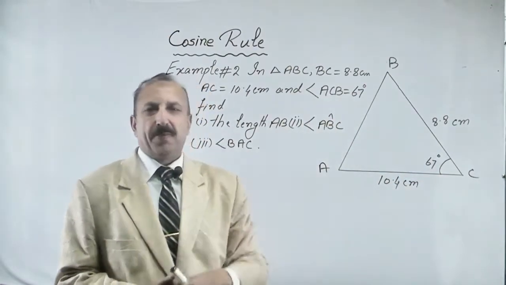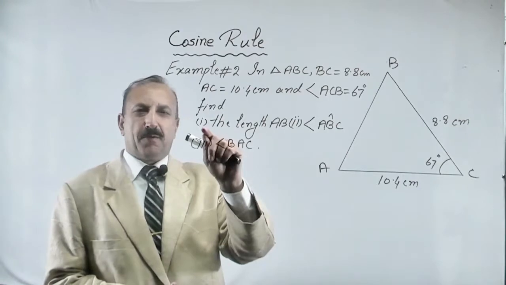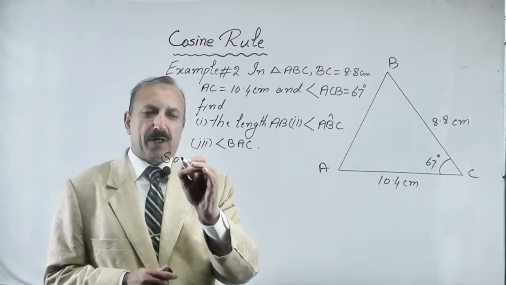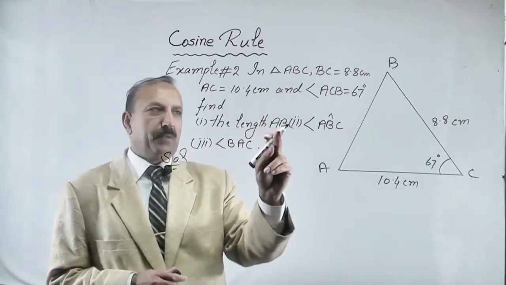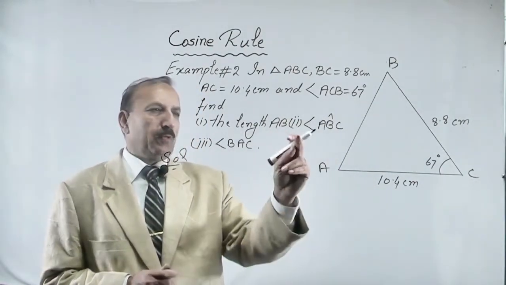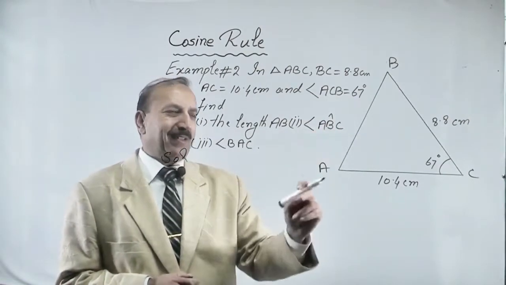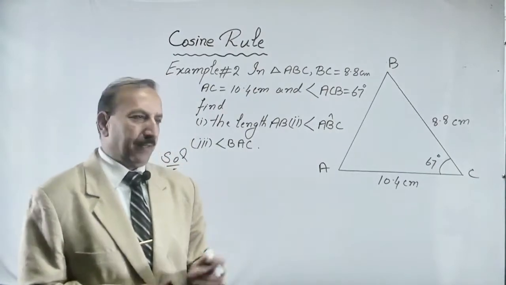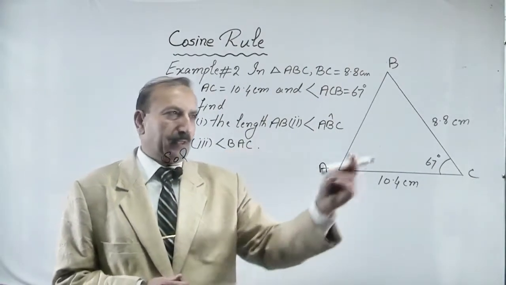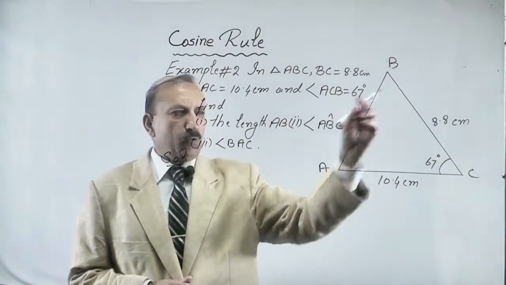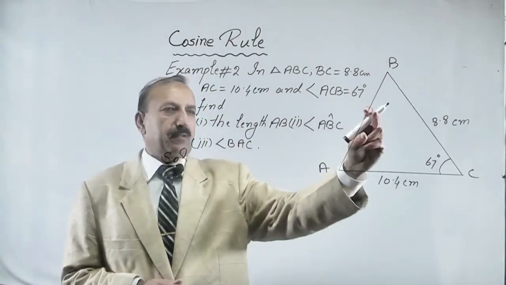Now the question is, in the solution, we are supposed to find number 1, the length AB. This AB length we are supposed to find. Number 2, we are supposed to find angle ABC. And then finally, the angle BAC, this angle also.